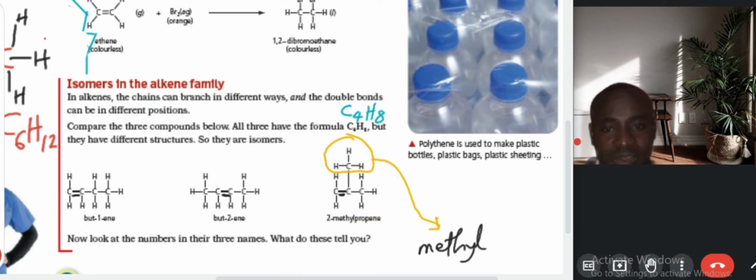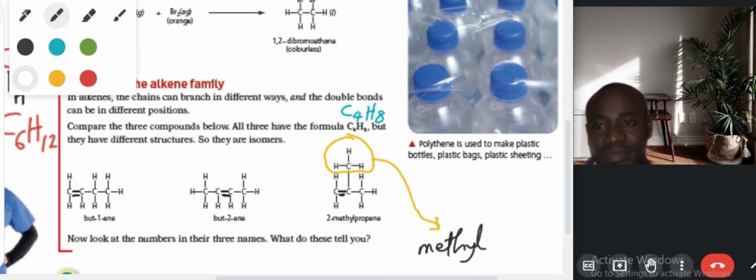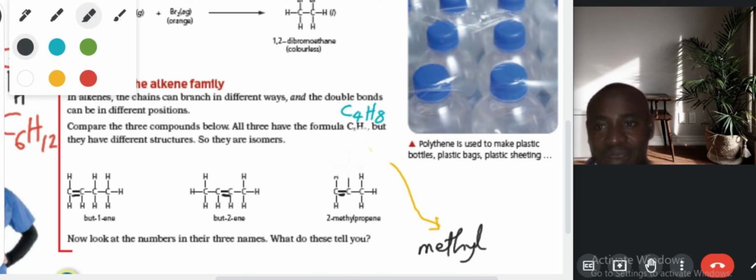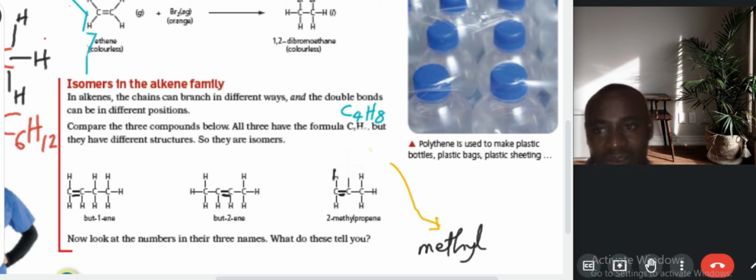This particular one is, if you notice, just like I explained when we were looking at isomers of alkane. Okay, sorry, let me clean this a bit.